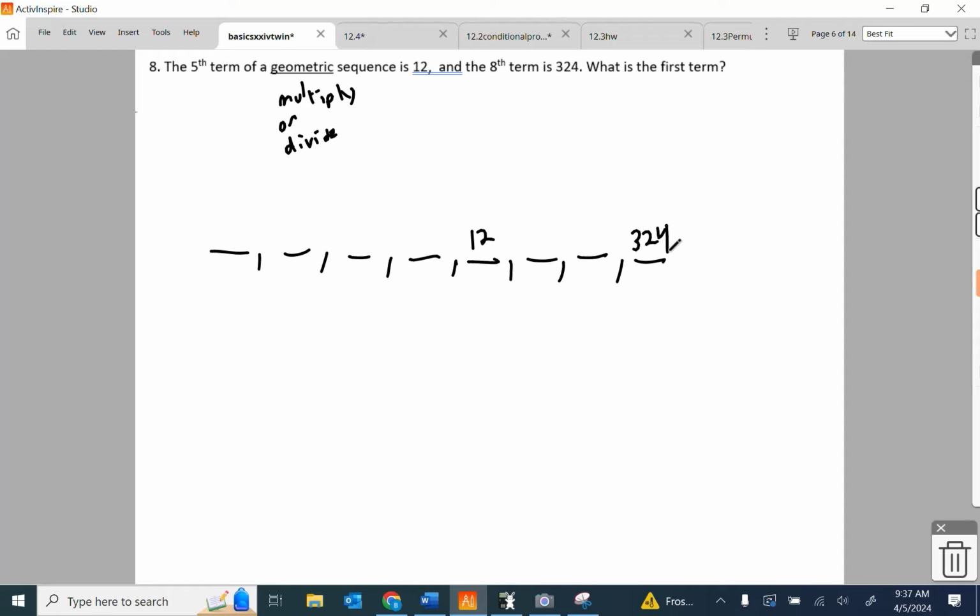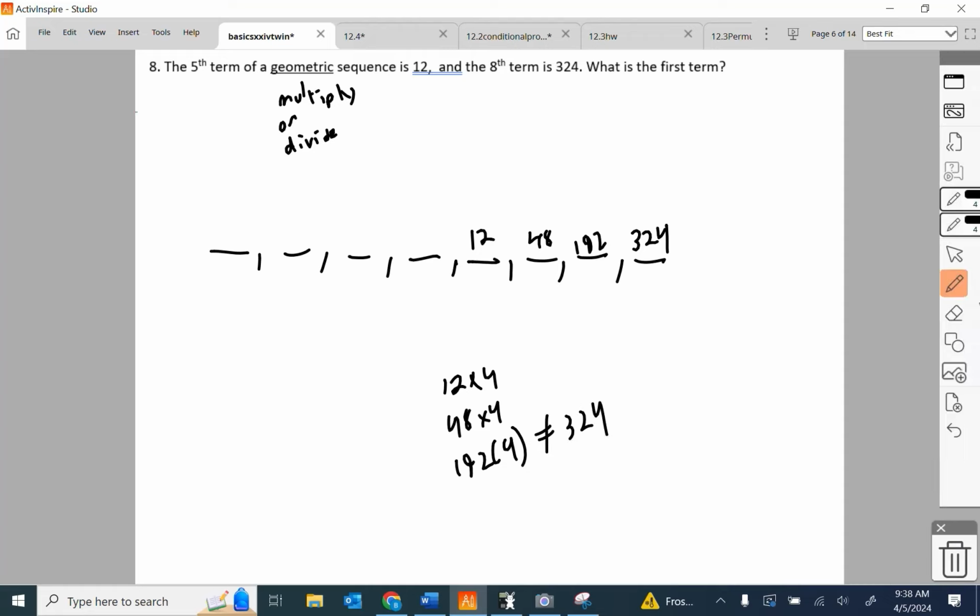And I need to find a number that I multiply through and gets to be 324. So I'm just going to do something silly, like I'm going to try 4 first. I get 48. 48 times 4, I get 160, 192. And 192 times 4 is not 324. So I start over, okay?